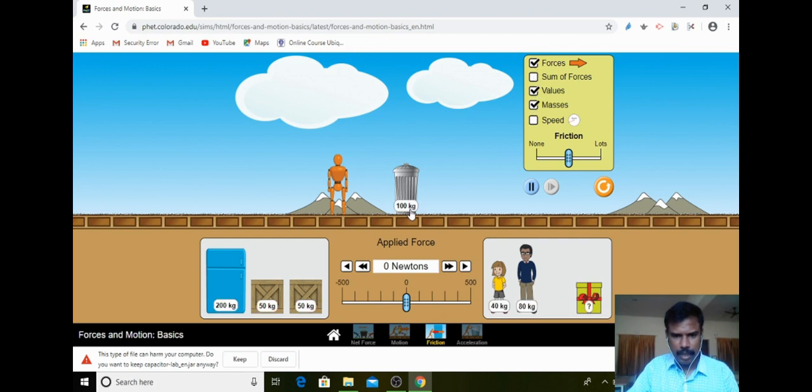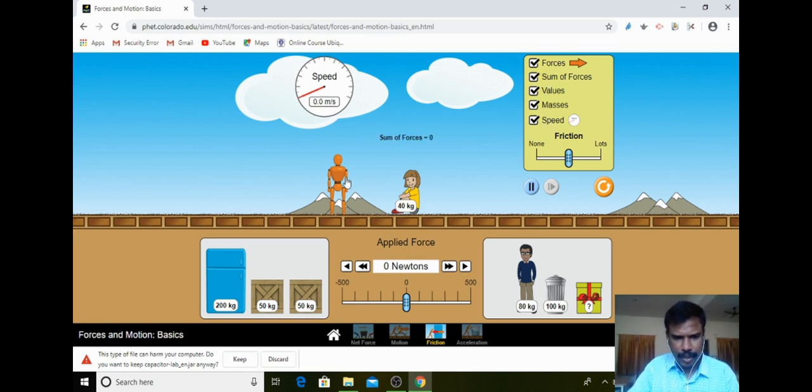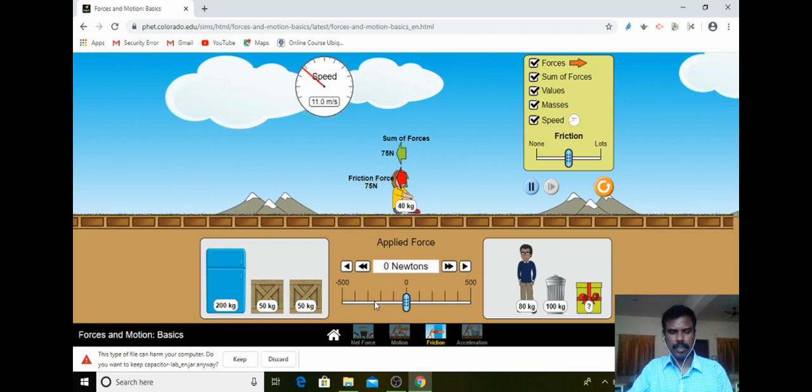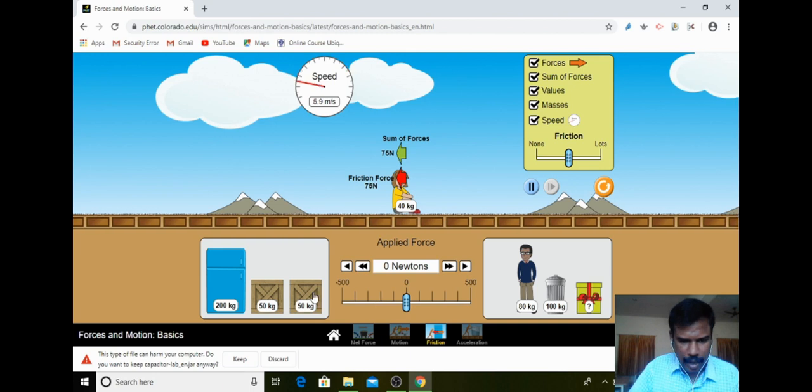and the masses, here 100 kg, and instead of 100 kg I am using 40 kg, and the speed also, the speedometer is here, and the sum of forces also will be displayed, and here the applied force is, so I am using more force so that I can push it here. So this way we can calculate, and you can add more items or more values.